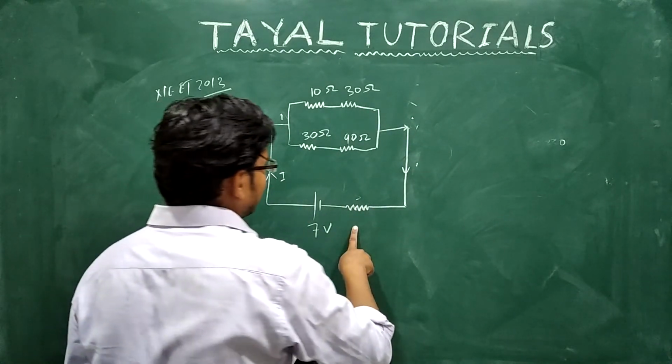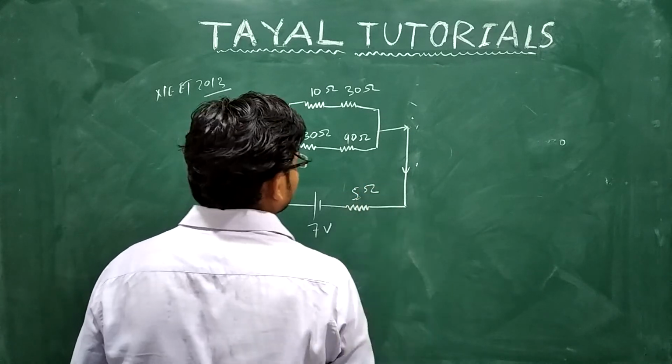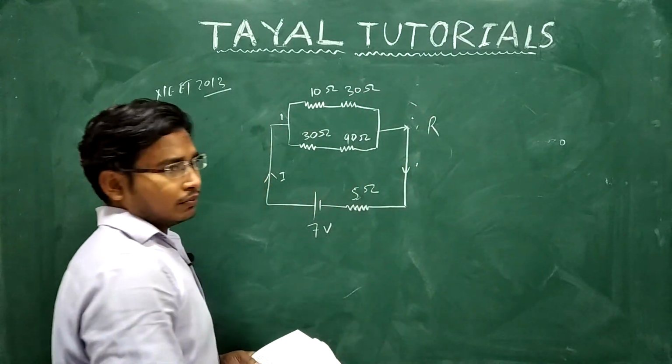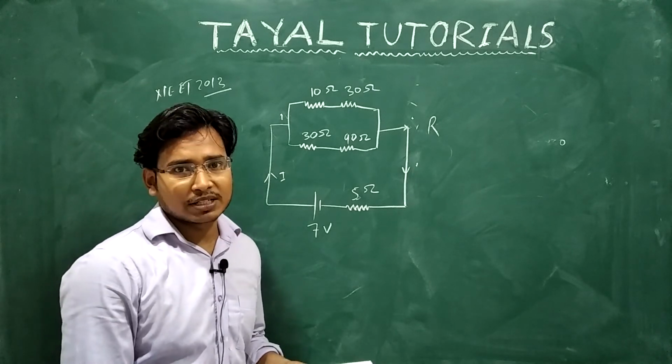the final R equivalent. If I want to write, R equivalent is equal to 5 ohm. I am writing the final R equivalent because I have solved many problems related to series and parallel combination of resistances.